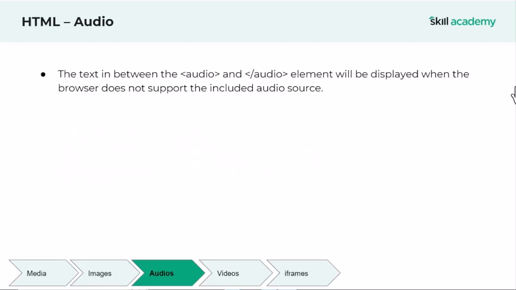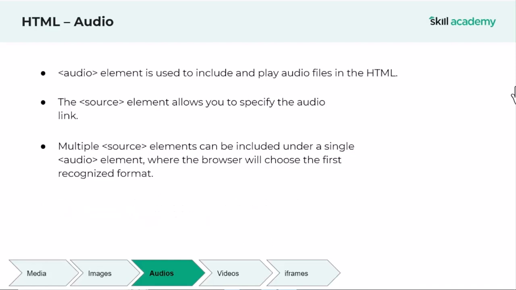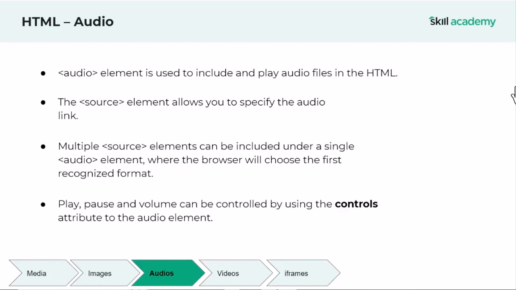Now let's understand each and every concept one by one. The source element allows you to specify the audio link. Multiple source elements can be included under a single audio element, where the browser will choose the first recognized format. Play, pause and volume can be controlled by using the controls attribute of the audio element.